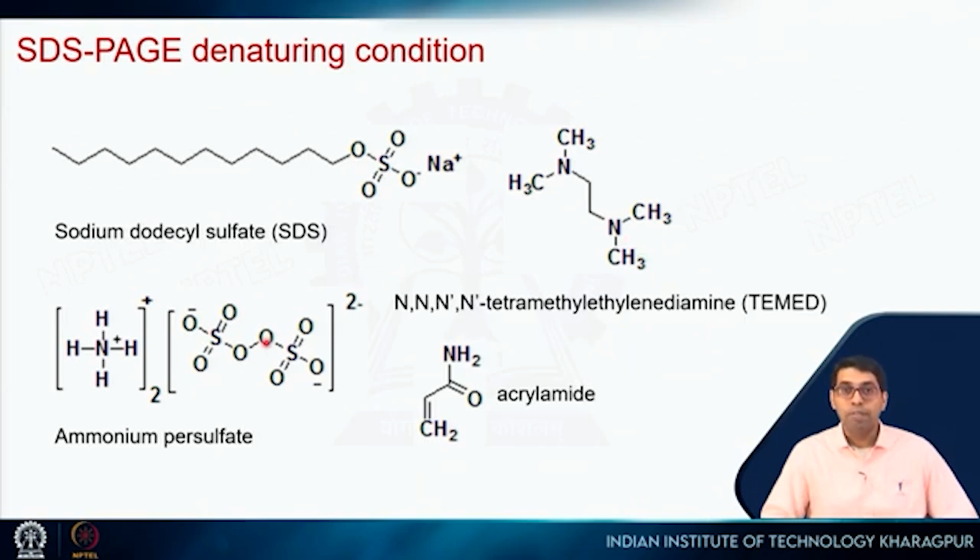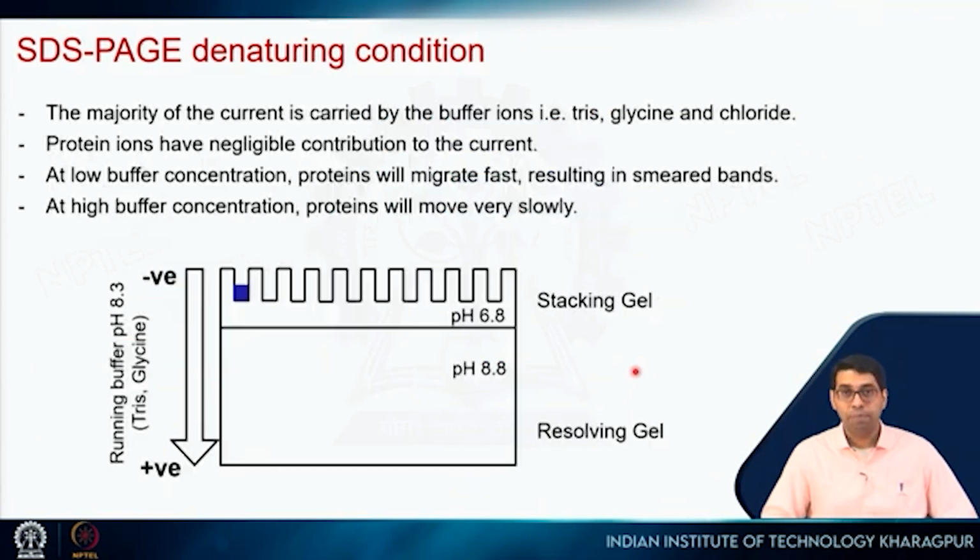The free radical forms a free radical on this, and that can very efficiently transfer the free radical onto the acrylamide and bisacrylamide, thus initiating the reaction. So, this is called the initiator, this is the free radical provider, and you have the acrylamide and bisacrylamide. Typically we mix all of them, pour them between 2 glass plates, wait for around 15 to 30 minutes, your gel is formed, and then you can start your experiment.